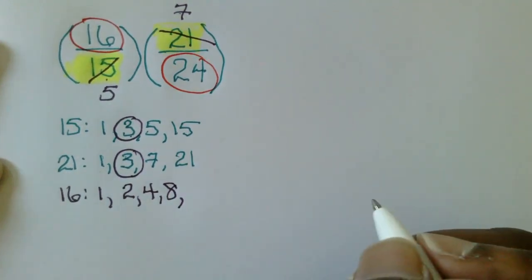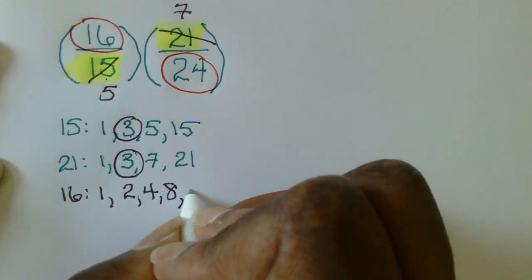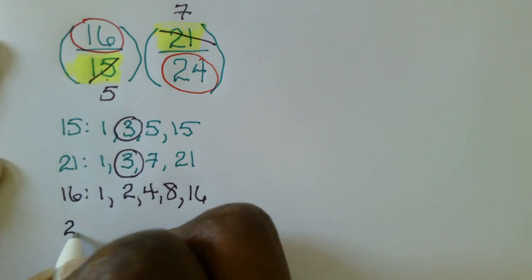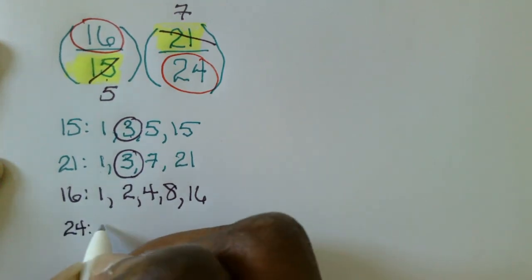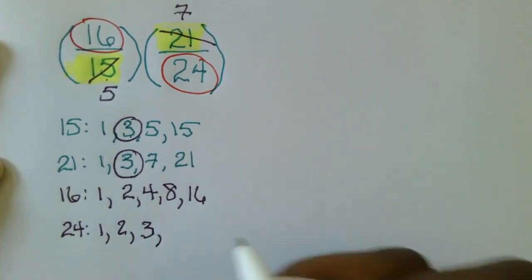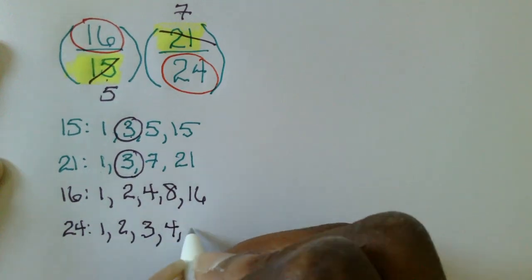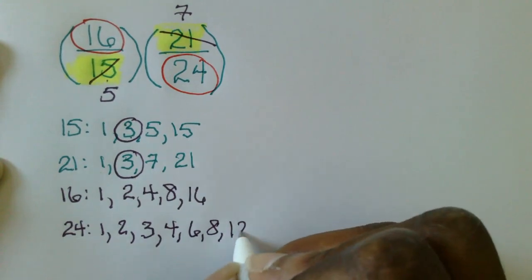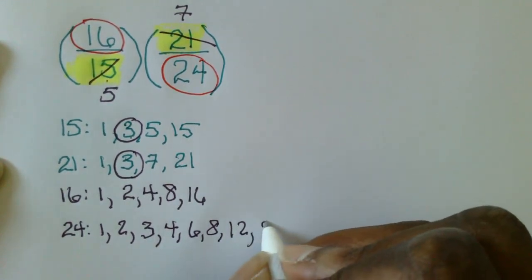Okay, so we got 4 times 4, and 16s. Where would I find 24s? I would find the 24s in 1s, 2s, 3s, 4s, 6s, 8s, 12s, and 24s.